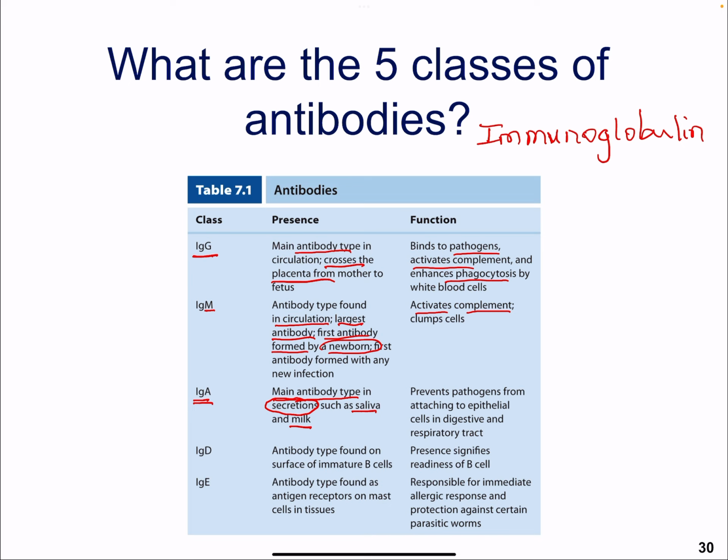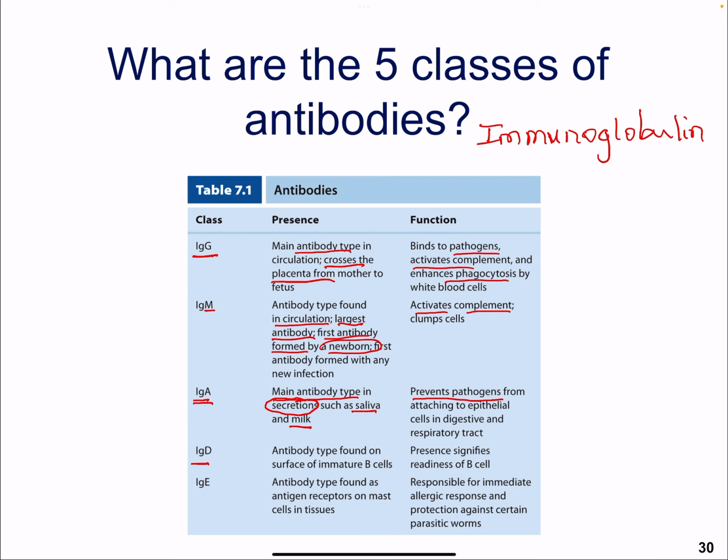So the IgAs prevent pathogens from attaching on epithelia. That's why they are found in mucous membranes, right? They are going to be found in the digestive tract, in the respiratory tract, to name only those.